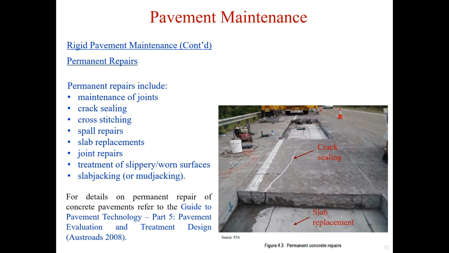All the items except the cross stitching and slab jacking might be easy to understand, and you could refer to Part 5 of the Guide to Pavement Technology for more details. So we take a further look into these two types of pavement repairs: cross stitching and slab jacking.